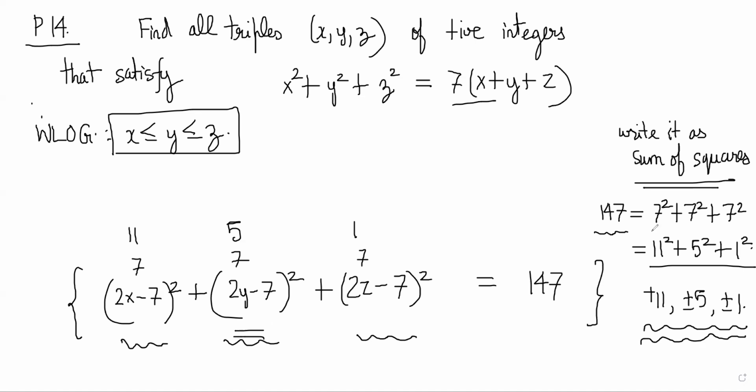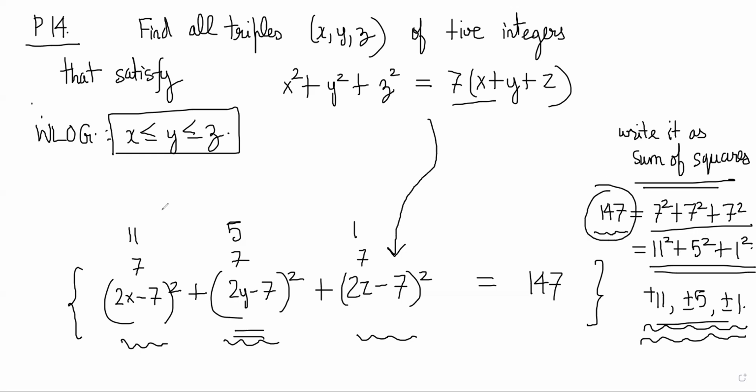Finally, when you take all these cases, you have to write the triples and check up to permutations. There will be different permutations: x could be this, y could be that, z could be that, right? Finally, you'll get 4 or 5 different answers. But the problem is easy after this. The main trick of the problem is converting it and making it look like this, and realizing that 147 can be split like this.